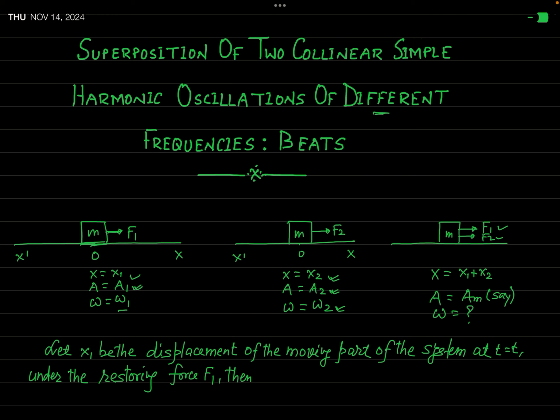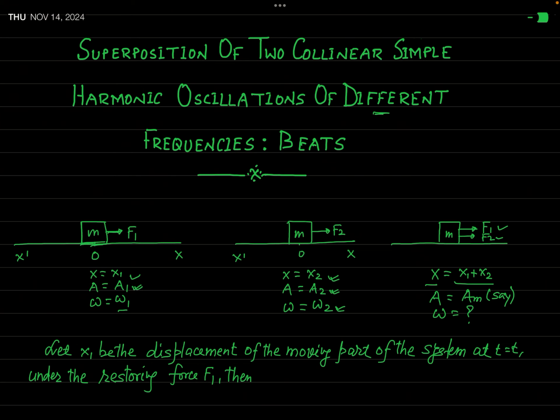That can be found by using the superposition principle, as we have learned in my earlier videos. So if you assume that x is the displacement of this oscillator under the restoring force F1 plus F2, then in accordance with the superposition principle, x will be simply equal to x1 plus x2.